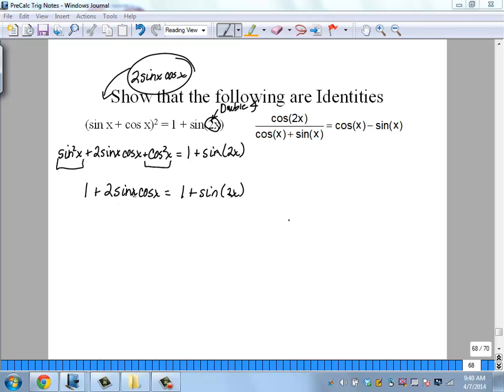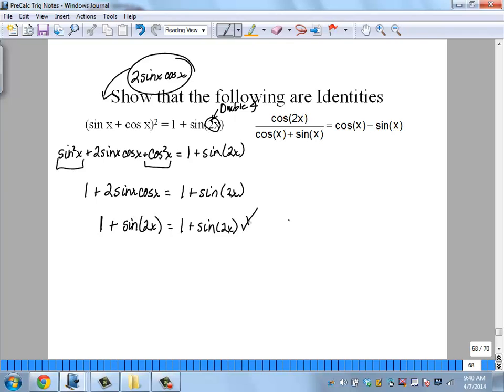Now if I look at this, I go, oh, that is the sine of a double angle. So I can say, oh, these sides do match. 1 plus the sine of 2x. This is the sine of a double angle equals this. And I got both sides to match. So I've proved my identity. I show a little check mark with a line through it.